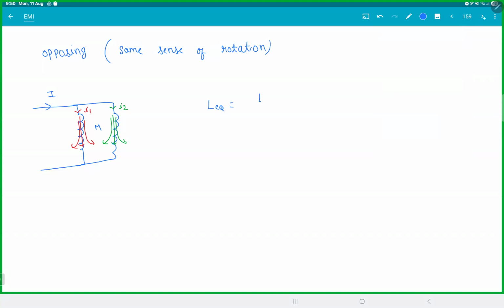We get L equivalent is (L1 L2 minus M square). Numerator will be same, denominator will change, L1 plus L2 plus 2M.